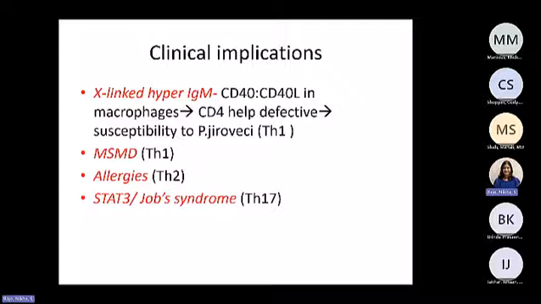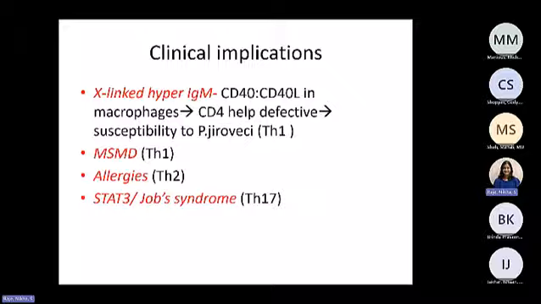Apart from mycobacteria, some of the downstream molecules, if affected, can also have susceptibility to certain specific microbes, such as Salmonella, or in case of IRF8, it can be viral infections, so on and so forth. So there are multiple genes in that Th1 pathway that can lead to MSMD.